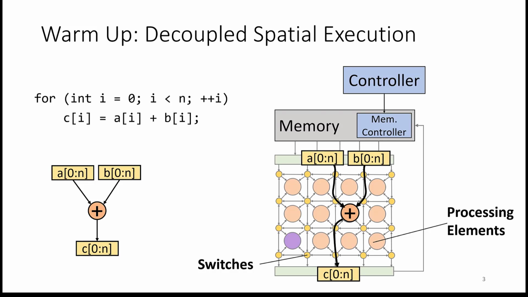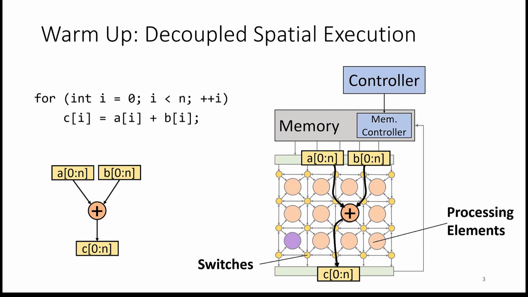The processing elements are for the computational instructions, and switches are for routing the data dependencies. On the figure on the right-hand side, the red circles stand for single-instruction PEs, and the purple circles stand for multi-instruction PEs. I will talk about the programming in the rest of my talk.